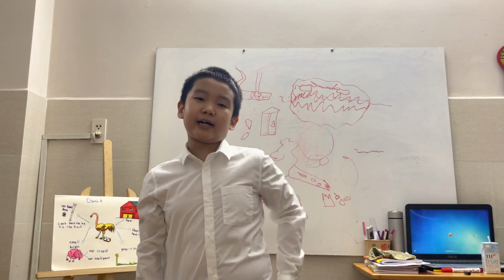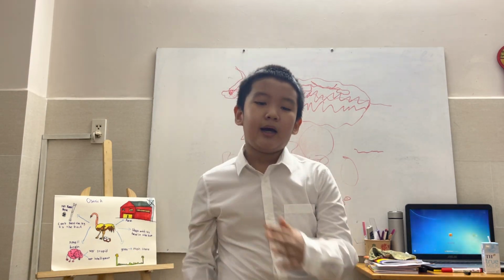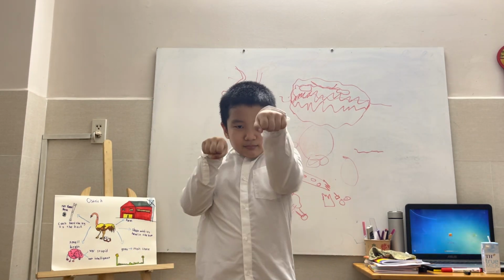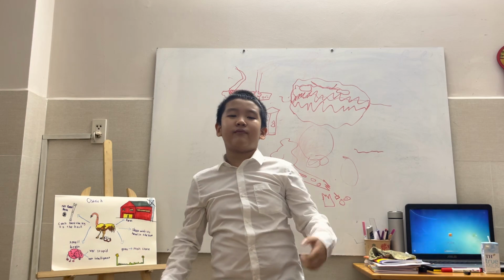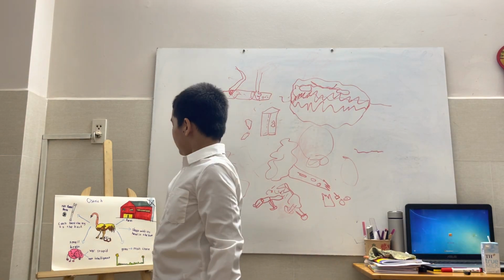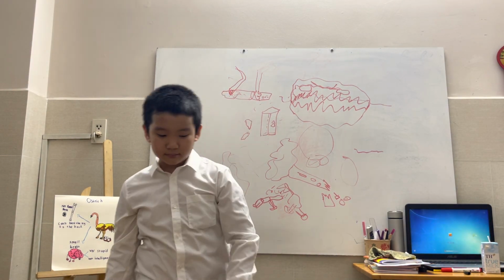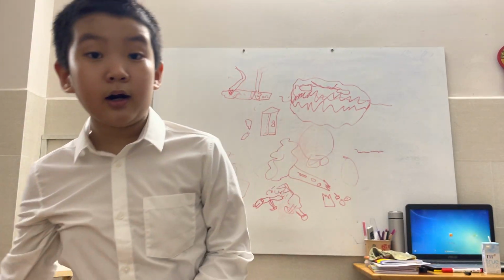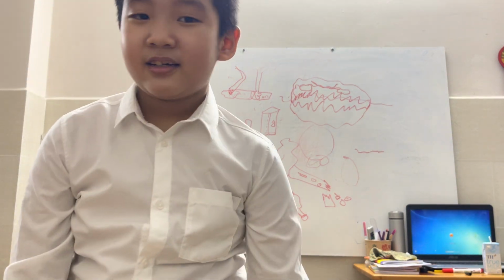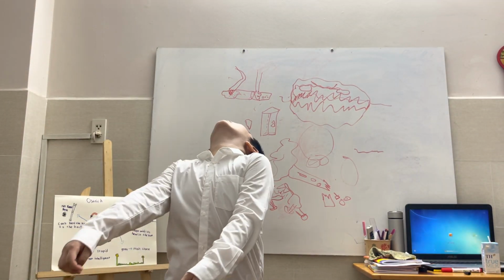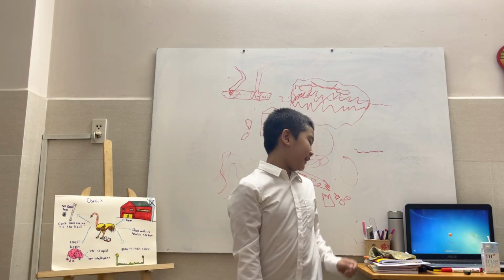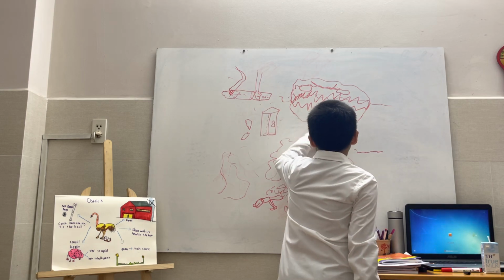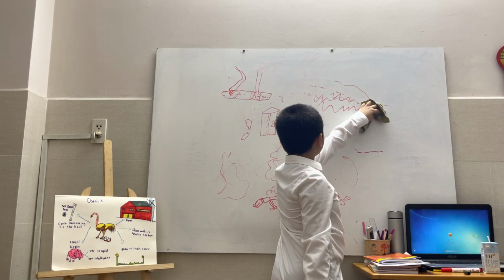Can it run very fast when it has a knee bone? No, it can't. It will run very slowly like us. That's one way that an ostrich is different from us.